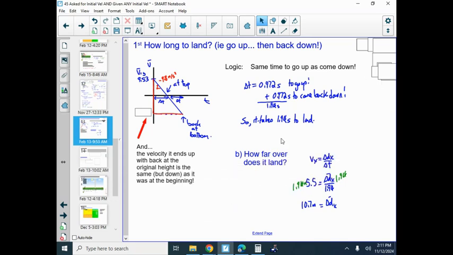So we talked about how the velocity it ends up with back at the original height is the same as it was at the beginning. We can add that in as well if we wanted. It's all sorts of things we know. The driving principle behind it, though, that we've done in the past confirms this. If we wanted to check this logic, these are some things that we know based on the idea of constant acceleration, or uniform acceleration.